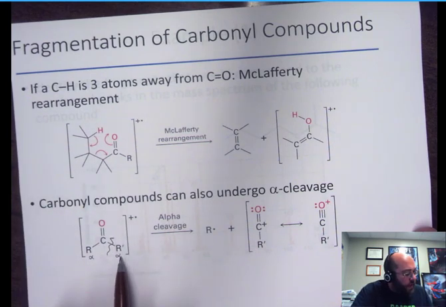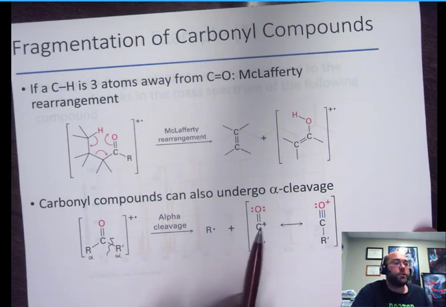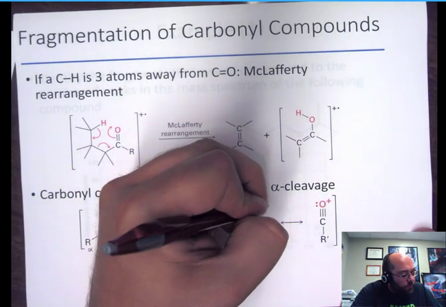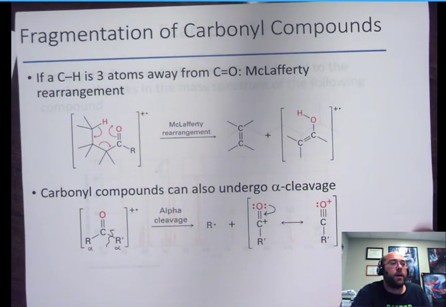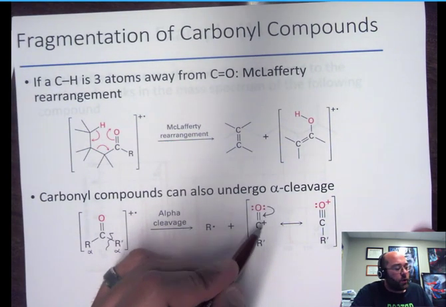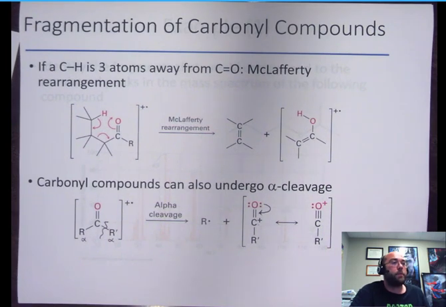And if that got cut off, that's why it's now the radical there, and you get a plus charge on the carbonyl carbon. And as I said before, with the alcohol and the amine, you have this resonance possibility, and so you can move the plus charge off the carbon to the oxygen, imparting a little stability.